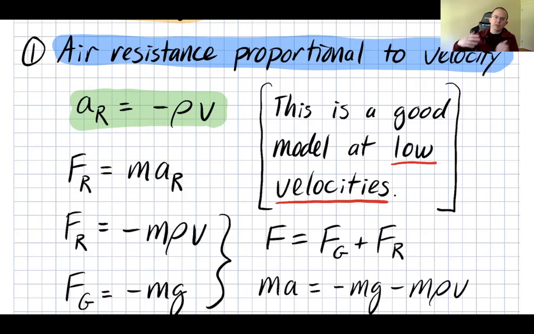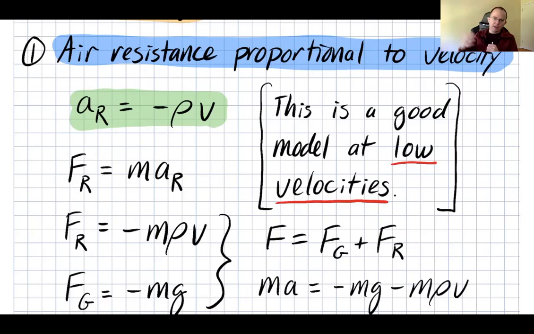In addition, we're hitting that air with twice as much force, because we're hitting it twice as fast. So we're displacing twice as much air and hitting it twice as fast. That means air resistance should be proportional to the square of the velocity. So if we're going twice as fast, we should get 4 times as much air resistance. That kind of makes sense.